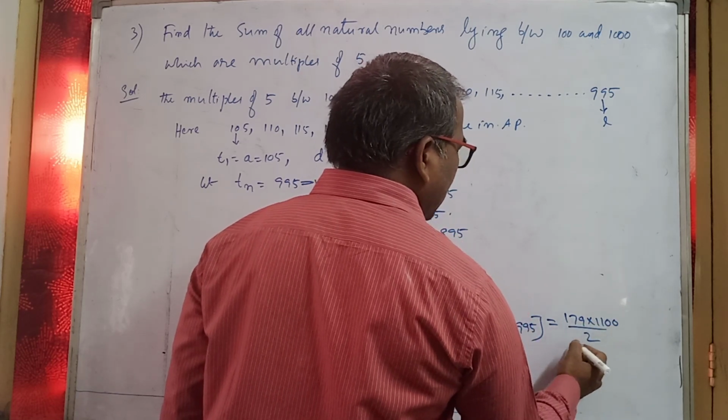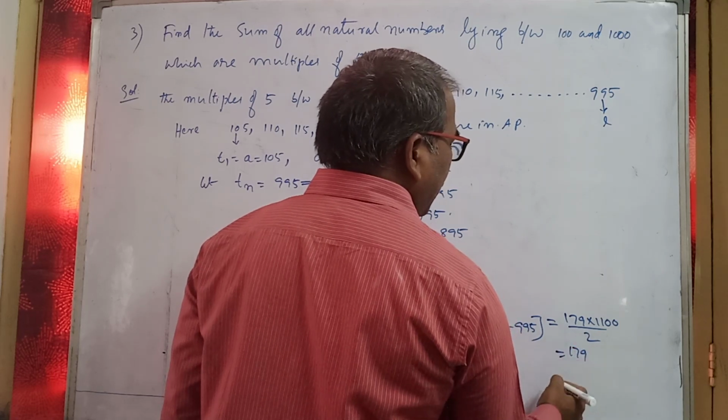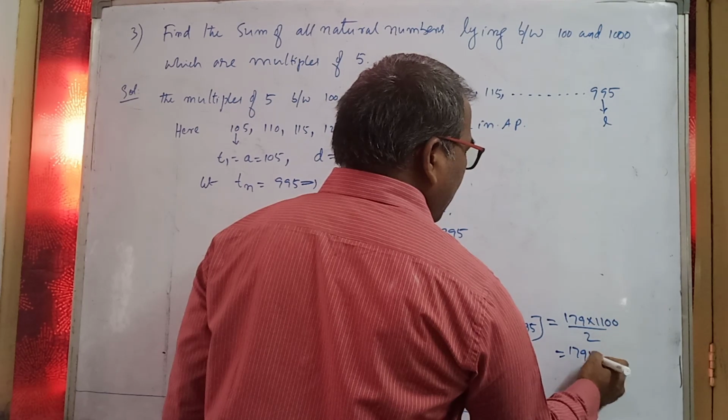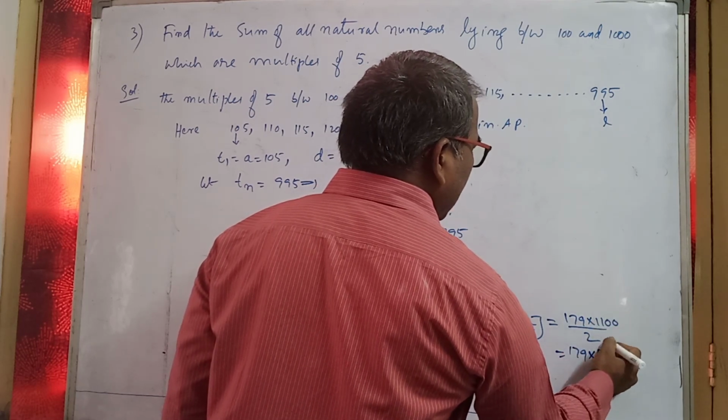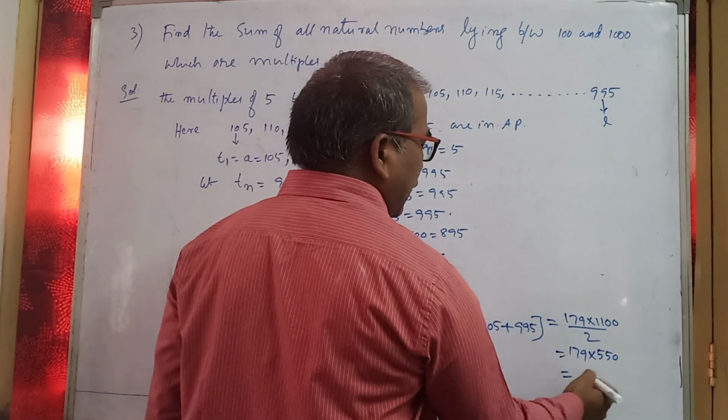So how much is this result? 179 into 1100, divided by 2: 2 fives are 10, 2 fives are 10. So 179 into 550, how much?